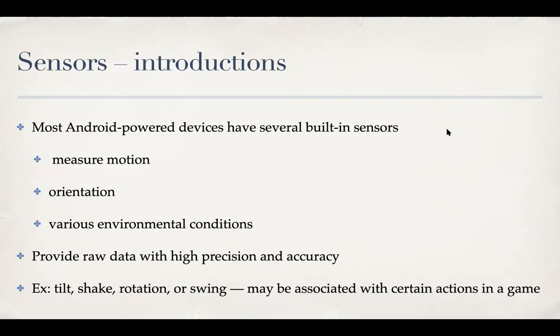So this is how you can enhance the user experience, starting from small things like this to providing better control, like maybe playing a game. If you tilt the device, then some action in the game happens, like those typical maze games that kids play.